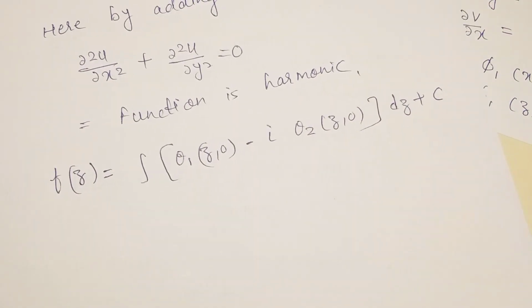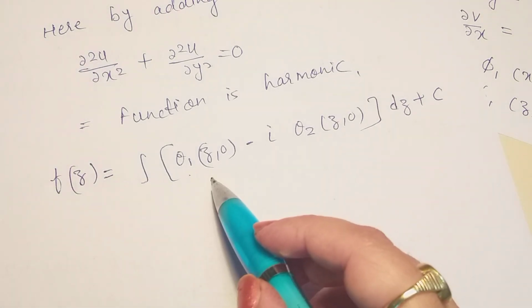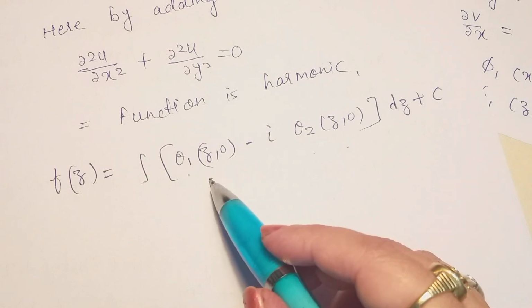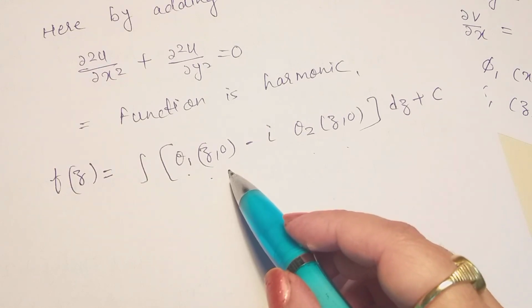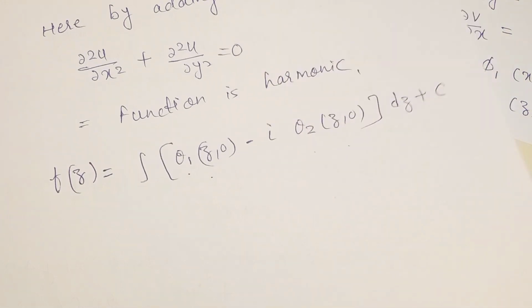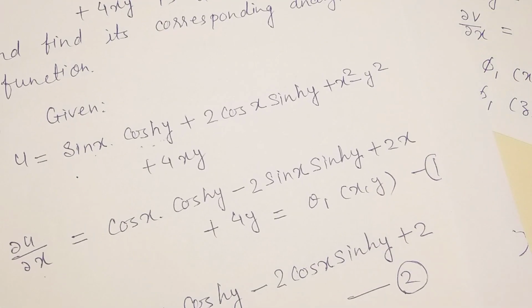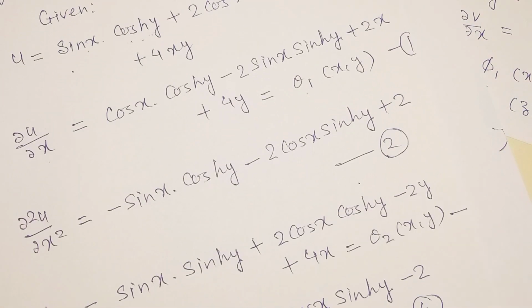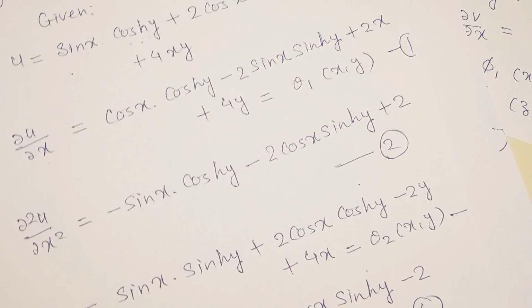Okay, so to find theta 1 z0 and theta 2 z0, what we do, we put x is equal to z and y is equal to 0 in the values of theta 1 and theta 2. Okay, so we have already found this. We can see theta 1 and this theta 2.